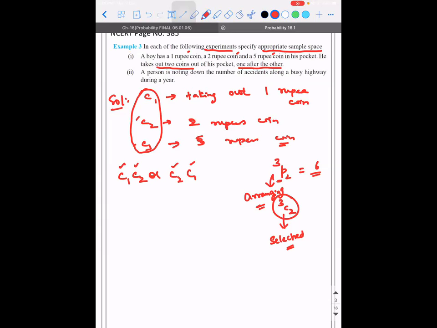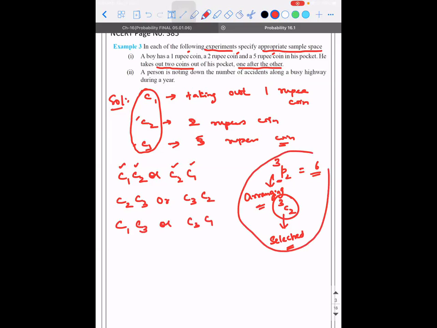Guys, are you able to understand? Similarly, he could have got a 2 rupee coin and a 5 rupee coin, or a 5 rupees coin and a 2 rupees coin. What is the other combination that is possible? He could have got C1, C3 or C3, C1.